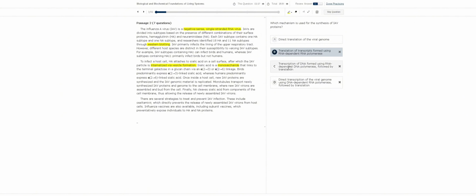Now if you look at C, transcription of DNA formed using RNA-dependent DNA polymerase. This is a behavior of a retrovirus. And what does a retrovirus do? It takes its RNA and uses reverse transcriptase to convert it to DNA, and that DNA then gets integrated into the host cell genome, and then it uses translation.